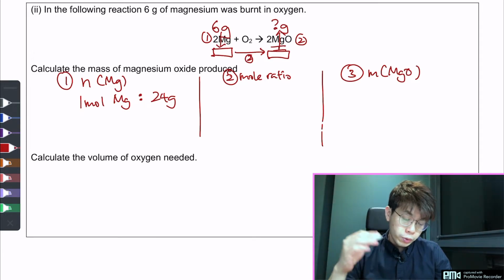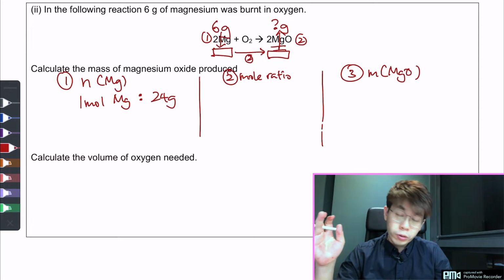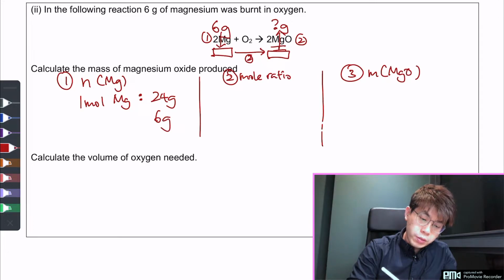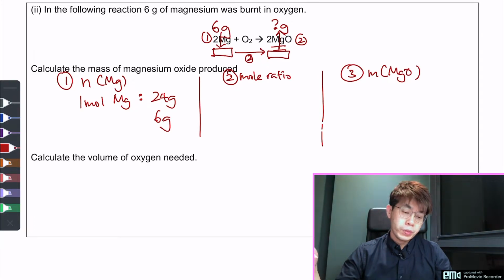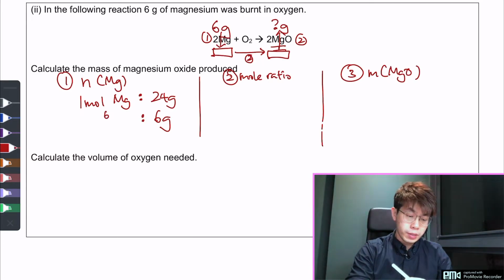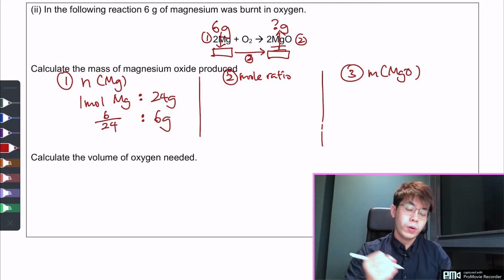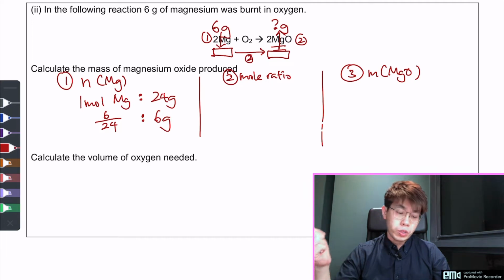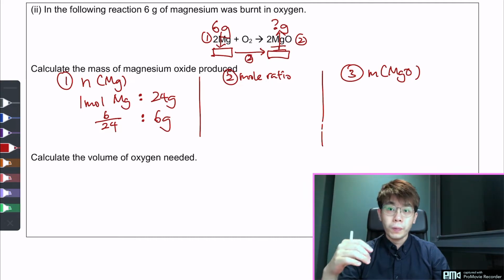Now 1 mole of Mg is equivalent to 24 grams. I'm given that I have 6 grams of Mg. So how many moles of that? Using your understanding of ratio, that is actually just 6 divided by 24, because 1 mole of Mg is 24 grams. So 6 grams of Mg is 6 divided by 24.